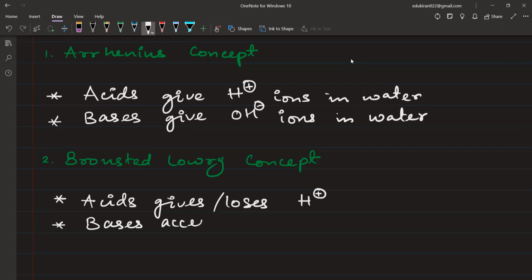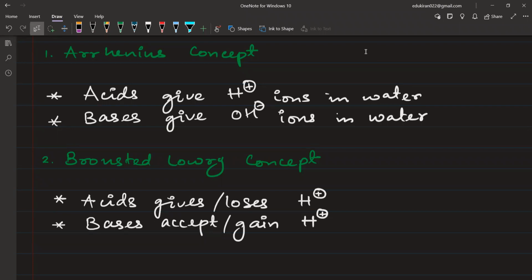Bases accept and gain H plus. इन्होंने बोला कि इतना हम OH negative और H plus नहीं करते हैं. They observed that whatever is giving OH negative जा रहा है H plus के ही पास, right? So let us summarize the information और इसको थोड़ा सा concise कर देते हैं. Acid will give H plus, base will accept H plus. Okay, acid will give H plus and base will accept H plus.